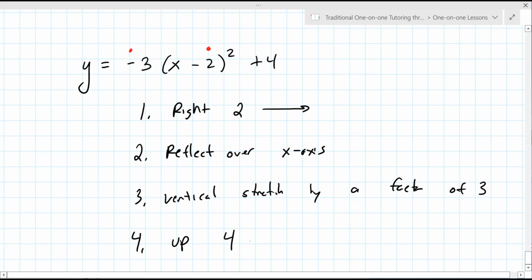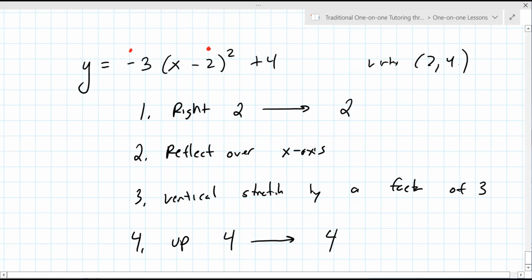So the next thing here is to determine the vertex. So does that right 2 correspond to +2 or -2 in the vertex? +2. And how about the up 4? Also positive. So the vertex is (2, 4).